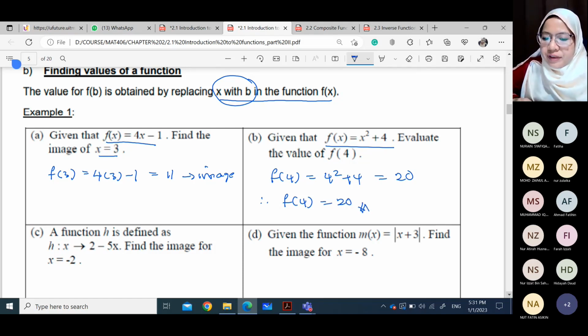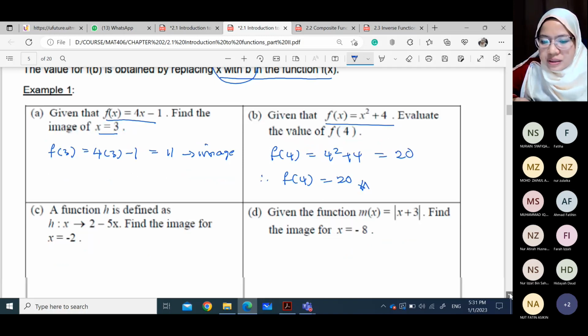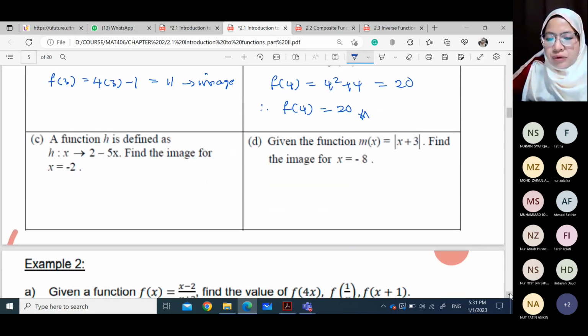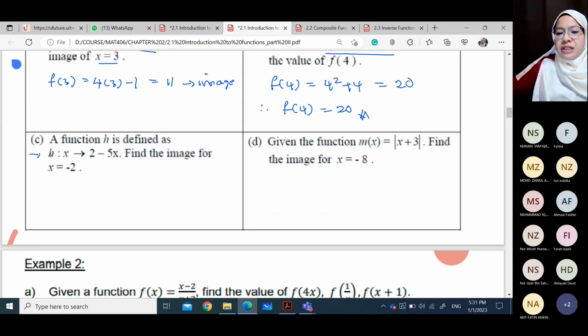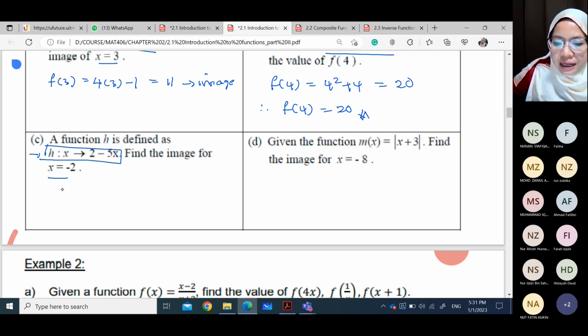Alright. Sama juga dengan C. So C kat sini, dia guna notation yang ini. Function h, x maps to 2 minus 5x. So find the image for x equals to negative 2. So based on this function, we also can write it as h of x equivalent with 2 minus 5x.